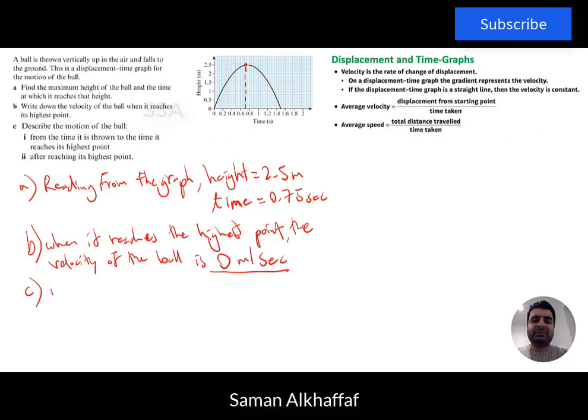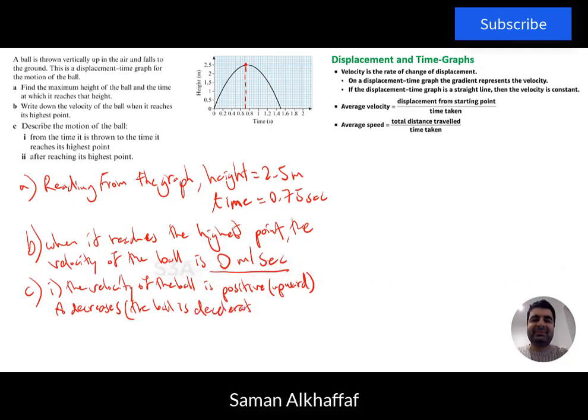So for part C, part i, we say the velocity of the ball is positive, upward, and decreases, so the ball is decelerating until it reaches 0 at the highest point.